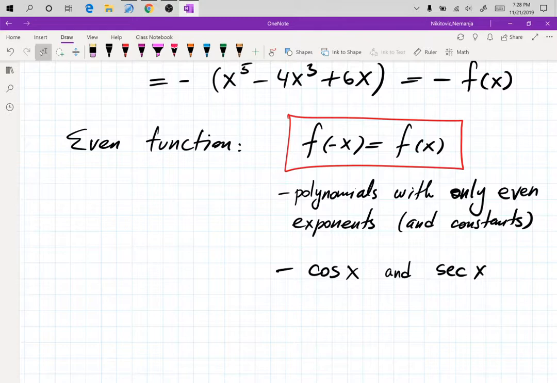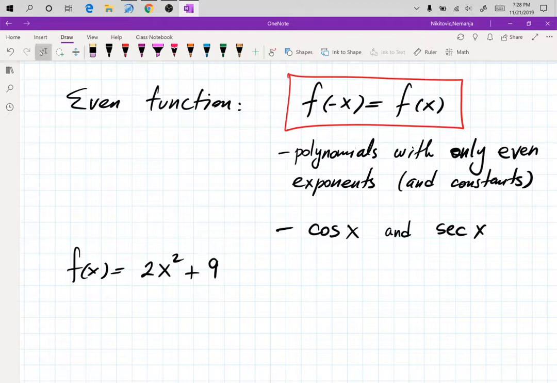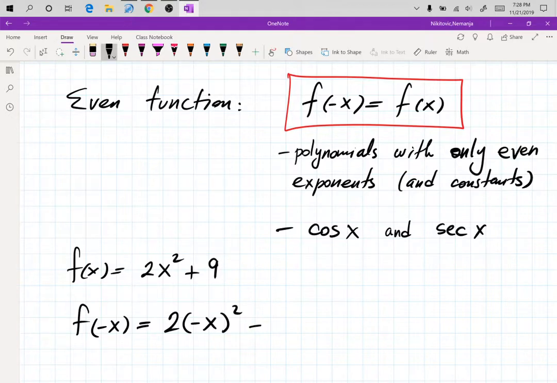So if you have a function f of x equal to 2x squared plus 9, and you construct f of negative x, where you replace your x with negative x, once you apply a square, it's just going to kill the negative. And you got f of x back.